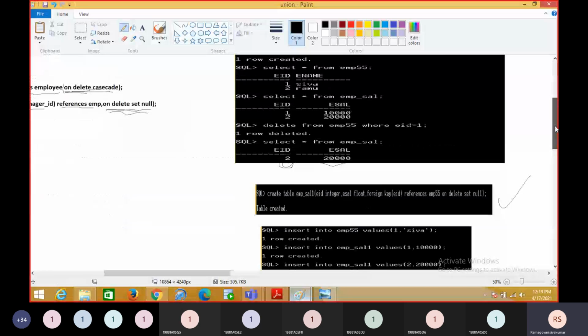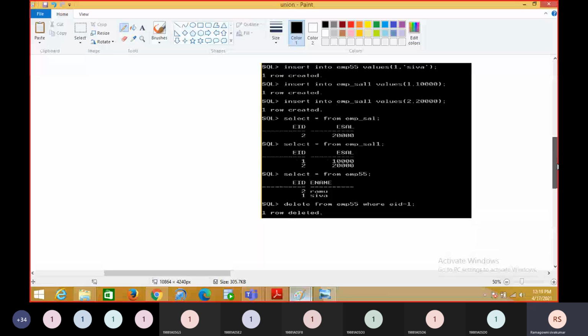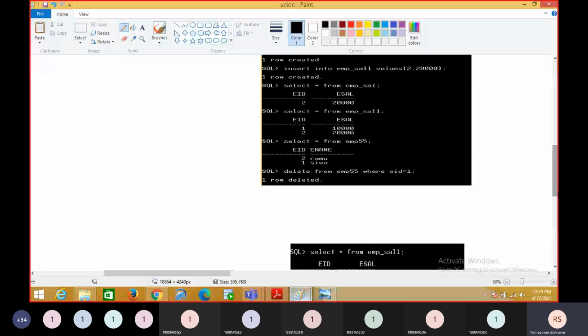Set null means if you perform a delete operation on a row, the related rows are going to be null, the value on which you performed the delete, the EID. We have seen it here; this is the proof.